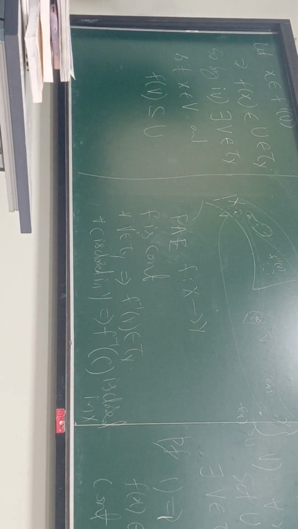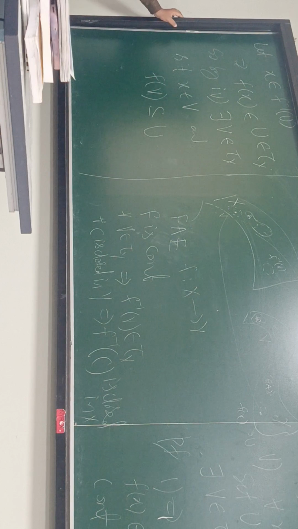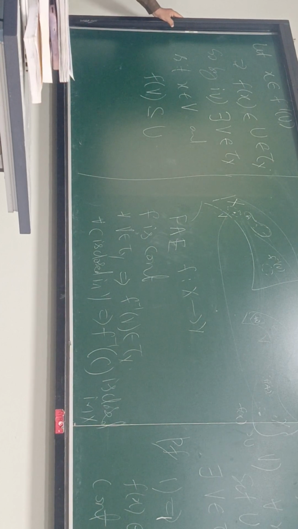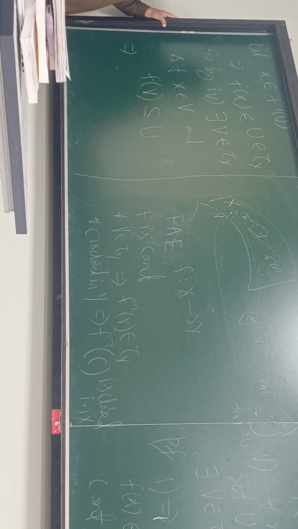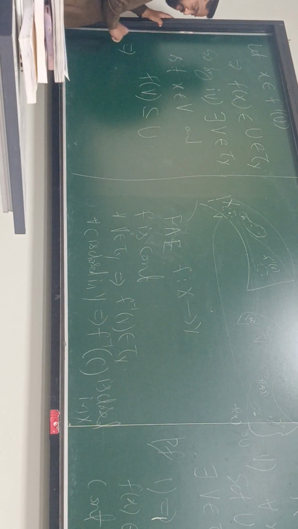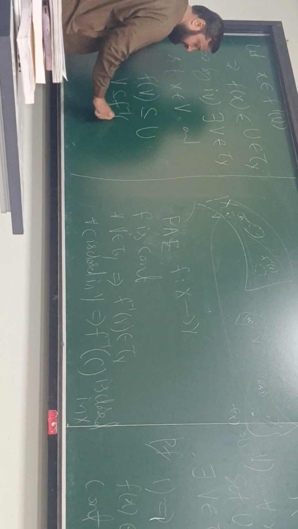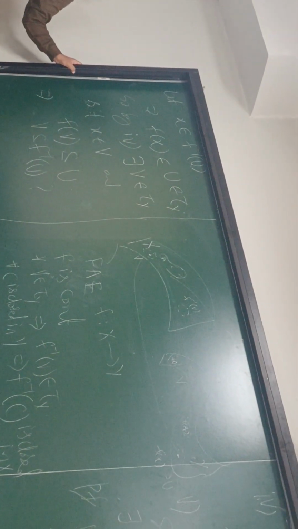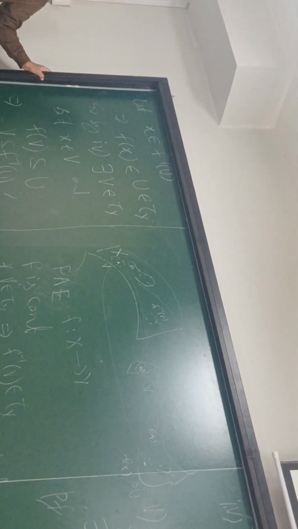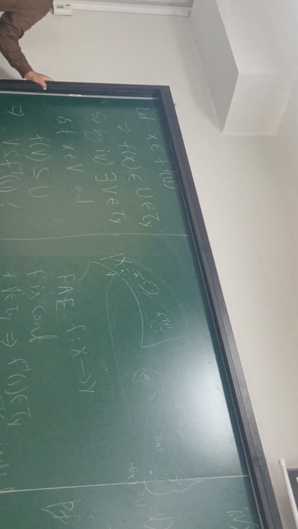This is what it is. If f of V is inside U, I'm not getting into the detail, this is something that you should prove now yourself. This means that V is inside f inverse of U. ये आपने खुद verify किया. ठीक है.